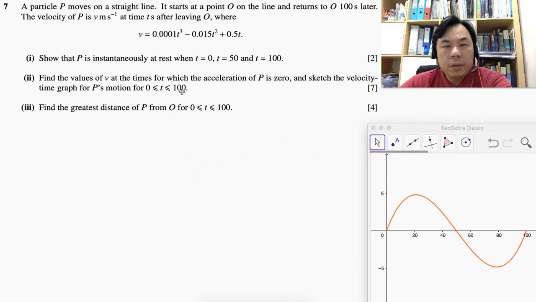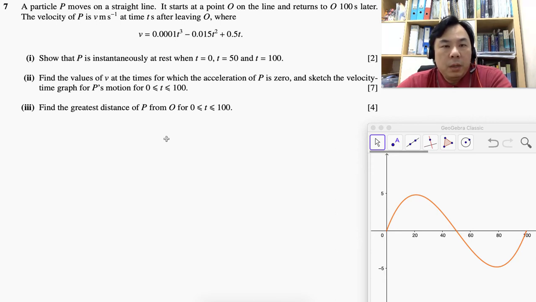Right, question 7. A particle P moves on a straight line. It starts at a point O on the line and returns to O 100 seconds later. The velocity of P is v meter per second at time t seconds after leaving O, where the velocity follows that cubic equation, and t is the time itself.